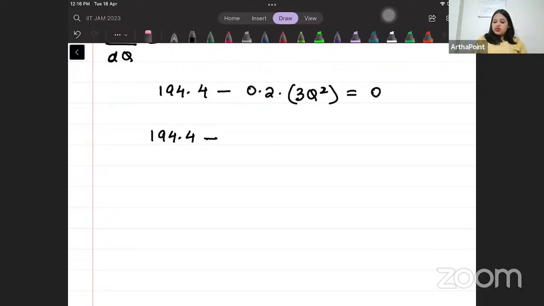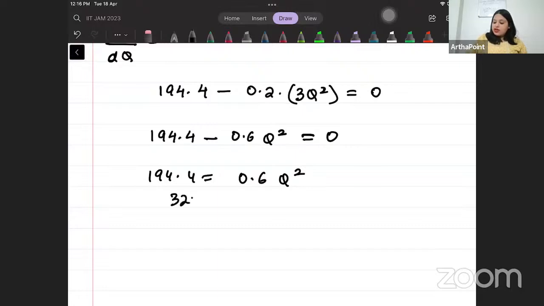So 3 into 0.2 is simply 0.6 q square equal to 0. So 194.4 is equal to 0.6 q square. So if I divide 194.4 by 0.6, I will get 324 is equal to q square.